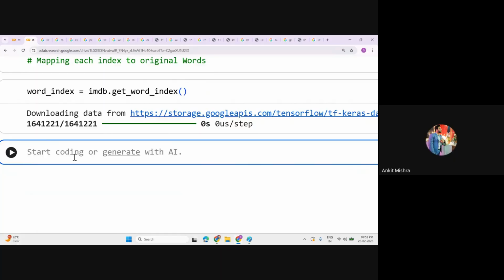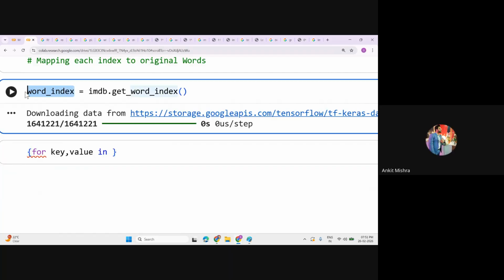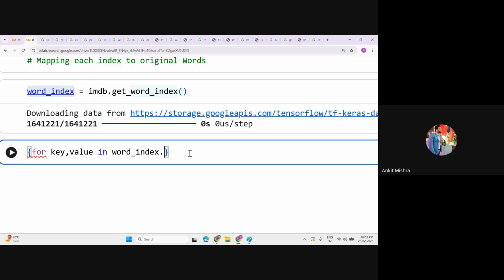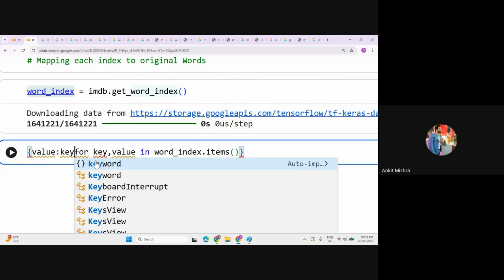Now you have to use the reverse key iteration, and that is called the dict comprehension. So you can just simply call for key, comma, value in whatever the word index dot items we have. This word index is in the form of a dictionary. So we are just calling this key and value, and we are just changing the value to key. Why are we changing value to key?